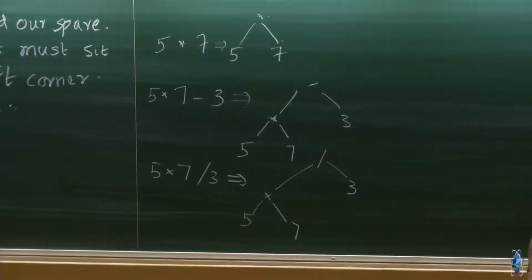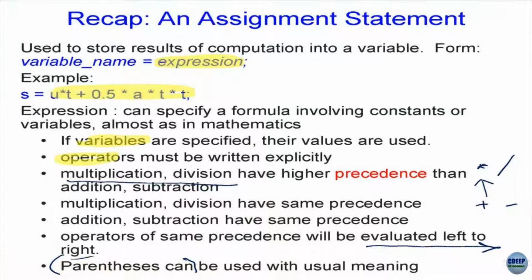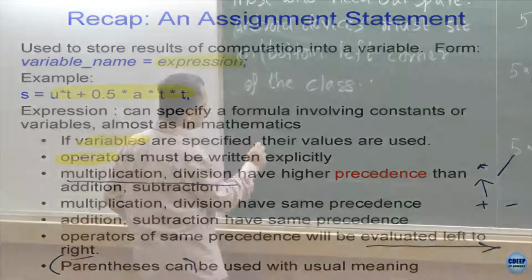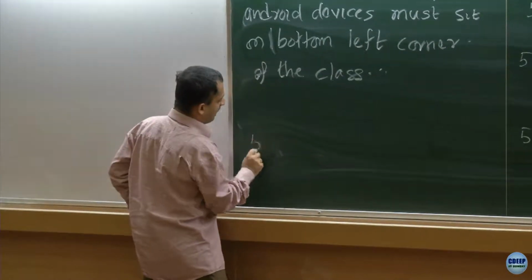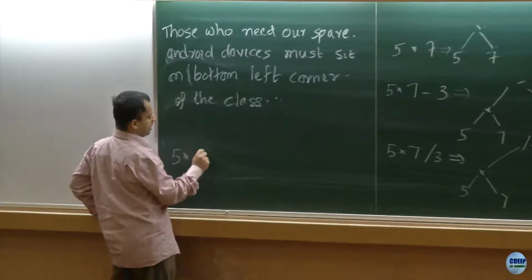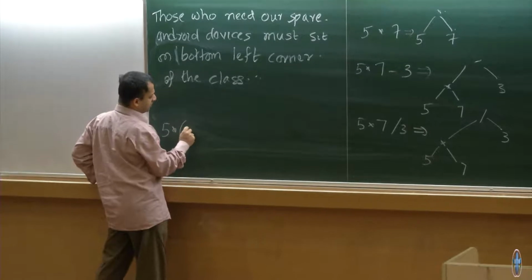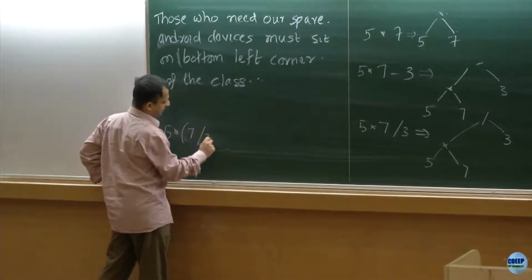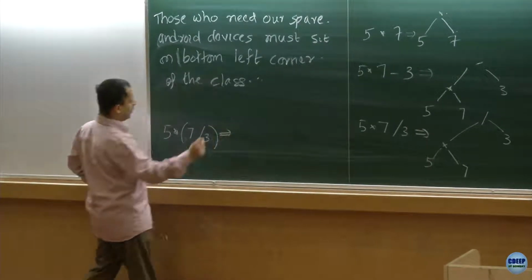I could also have parentheses. Now parentheses basically are these pair of opening closing brackets. Suppose I have the same expression 5 into, almost the same expression, I just put this parenthesis 7 divided by 3. What will this correspond to?